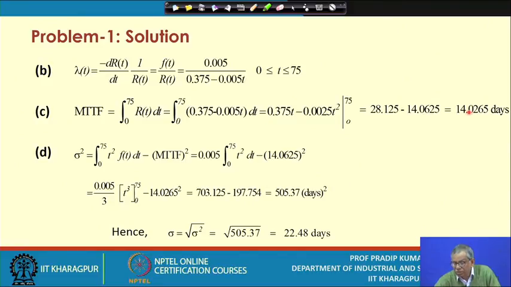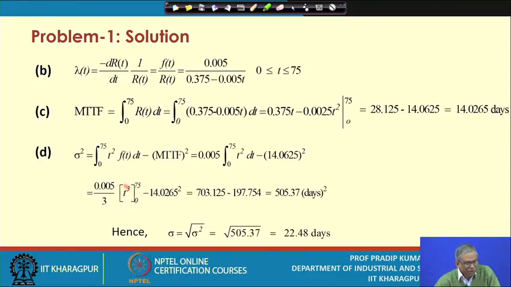Now you go for integration and you get a value of 14.0265. So, the mean time to failure is just greater than 14 days.